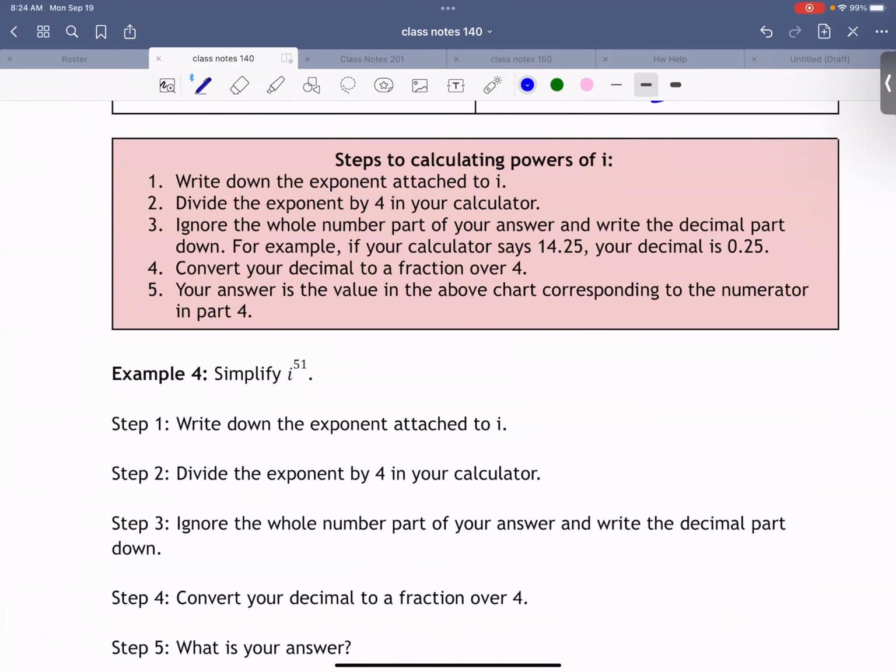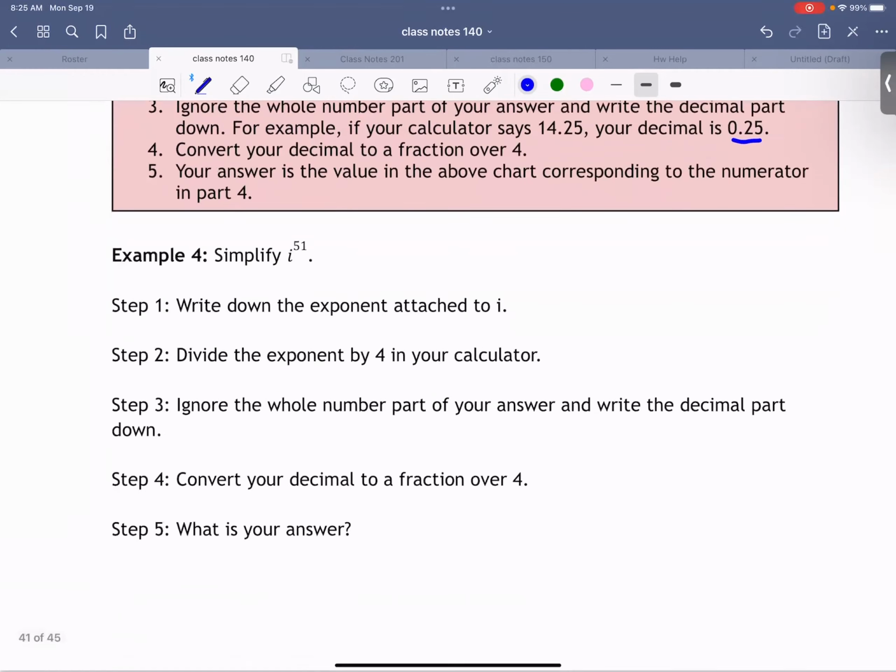So if it's like 15.25, ignore the 15. Write down the decimal part of your answer. Let's say you got 0.25. Then you're going to convert your decimal to a fraction over 4. And your answer is going to be I to whatever that number is.